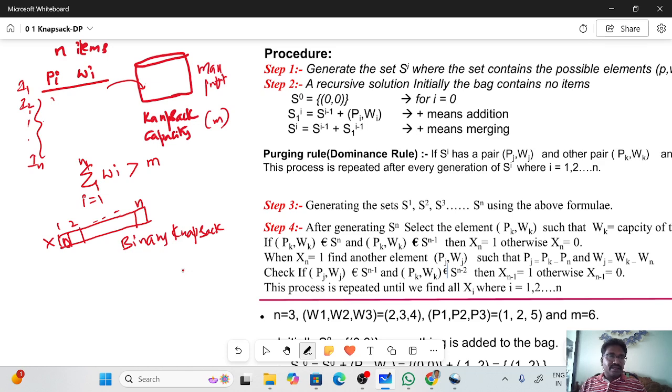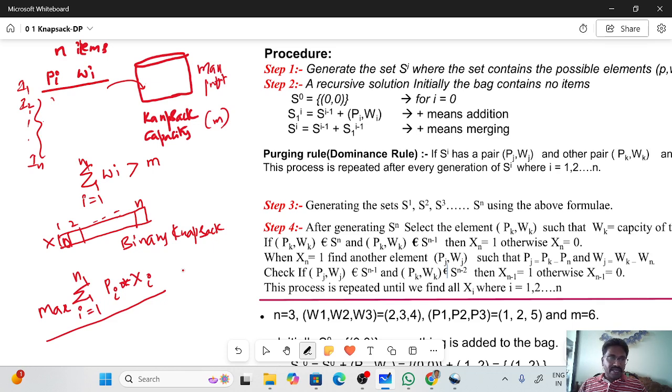The profit label is P, the weight label is W, and the solution vector label is X. So the profit is nothing but the profit multiplied by the solution vector for each and every item, so the sum of Pi times Xi, for i from 1 to n. Our aim is to maximize this profit. While getting that maximized profit, what is our limitation? The knapsack capacity.